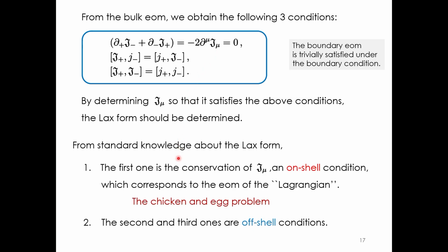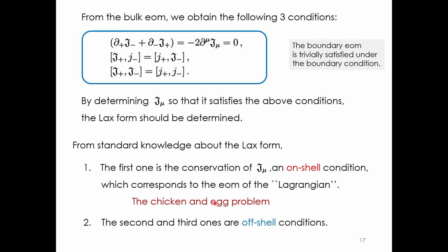But here, please notice that usually the Lax pairs should be fixed after providing the Lagrangian, because the EOM should be fixed after fixing the Lagrangian. But now, these Lax pairs should be put into the original master formula Lagrangian. So the Lagrangian depends on the Lax pair. This is something like the chicken and egg problem.